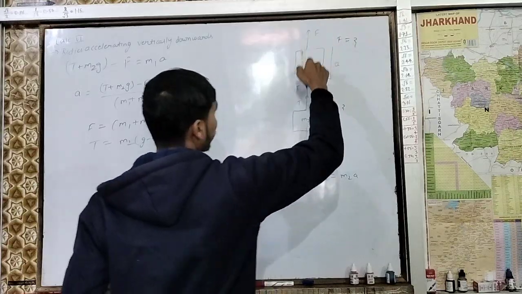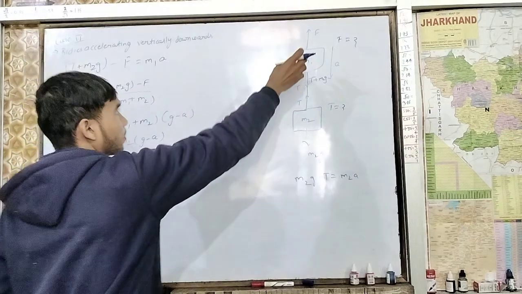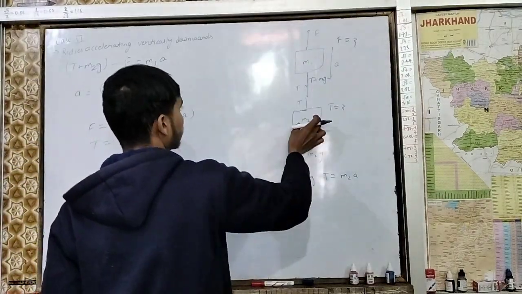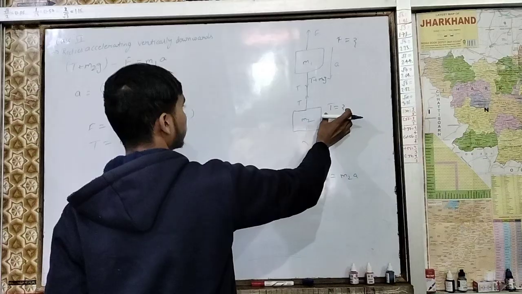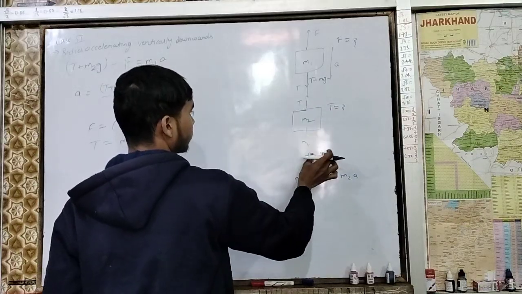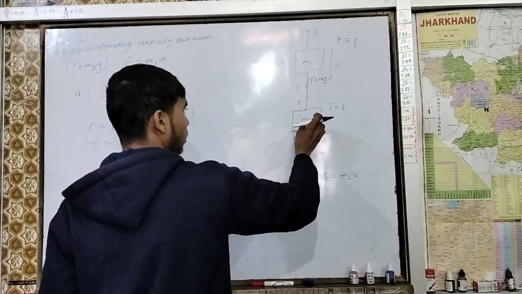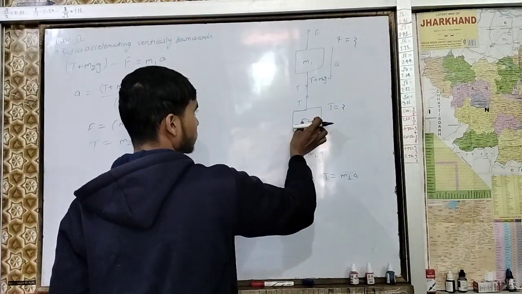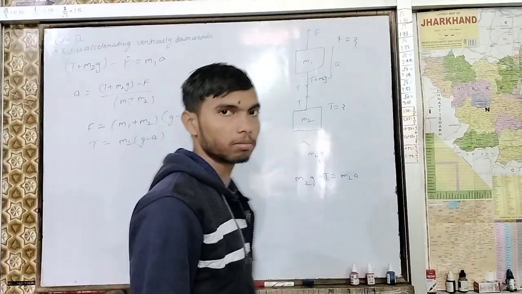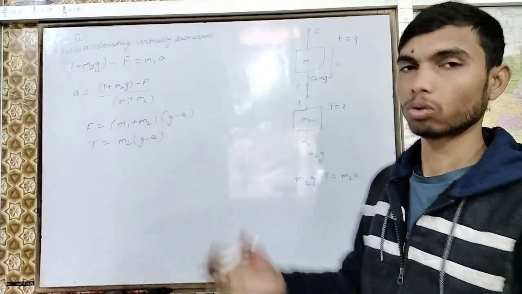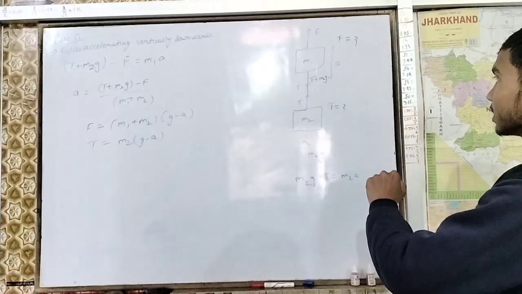Again I am telling you, F will not be equal to T plus m2z. No, F will be equal to total mass m1 plus m2 into g minus a. And T will be equal to not m2z. No, T will be equal to this mass multiplied by total gravitational force. Here bodies are going downward, that's why g minus a.